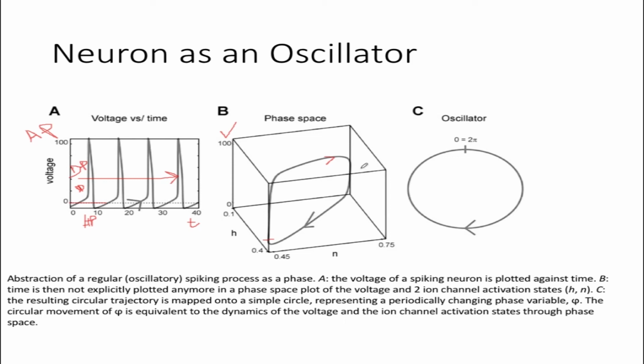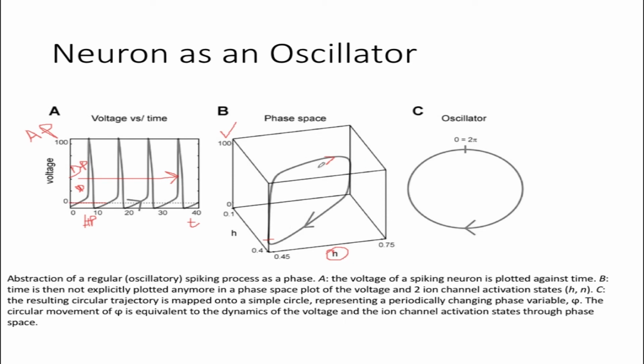Now if you remember, it is the N which is related to the potassium part of it, right? So that is once again increasing. This is what continuously happens in the system: H decreasing, N increasing, further H changing.